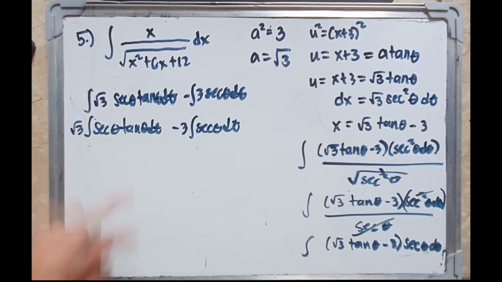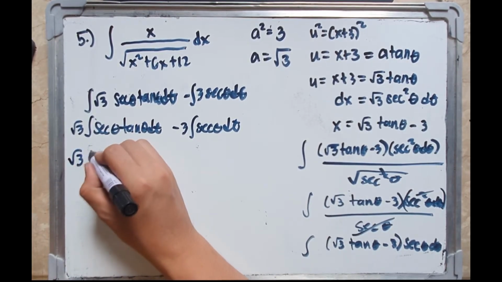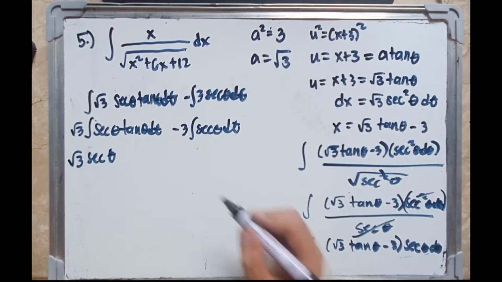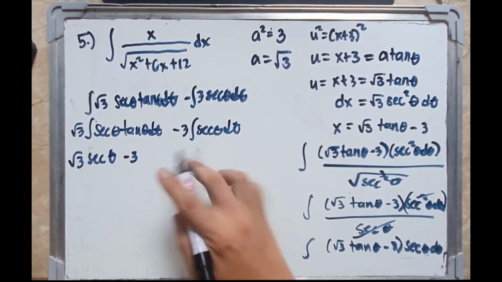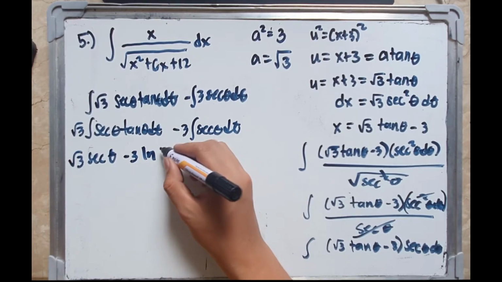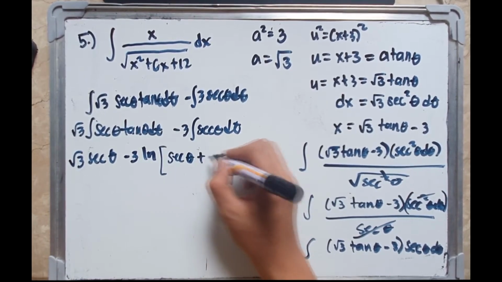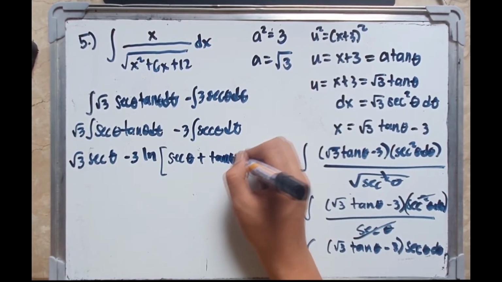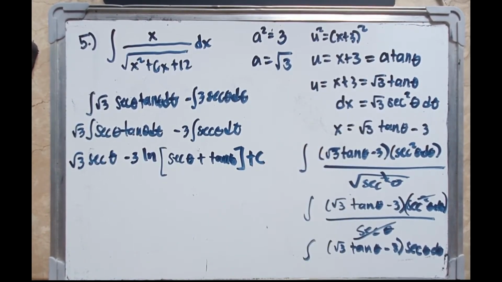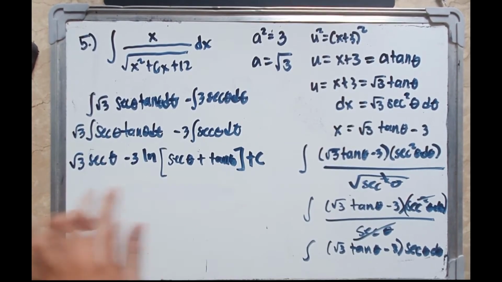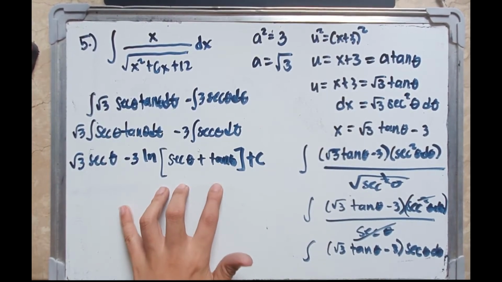Integral of secant theta tangent theta d theta, that is secant theta, minus 3 integral of secant theta, that is ln of secant theta plus tangent theta plus c. This will be our final answer for the trigonometric form.